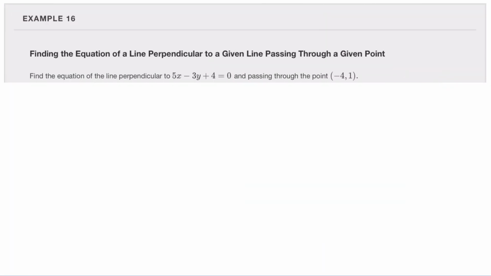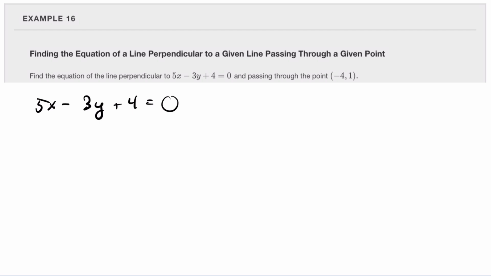Find the equation of a line perpendicular to this passing through this point. So if our line is going to be perpendicular, our slope needs to be the negative reciprocal of their slope, right? So we need to find their slope first. So we have this 5x minus 3y plus 4 equals 0.